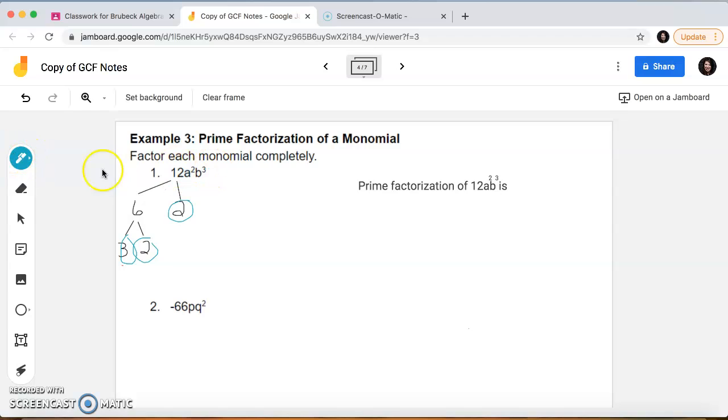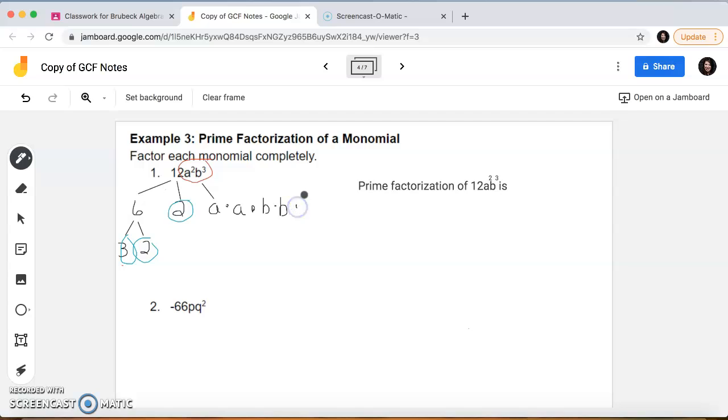But then we also have to include our variables. So we have a squared, or a to the second power. That means we have two a's. So a times a. And then we have b to the third power. That means we have three b's. I'm drawing little multiplication signs in between. Three b's.